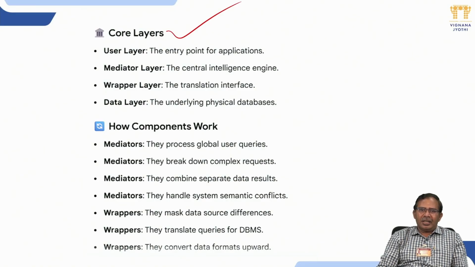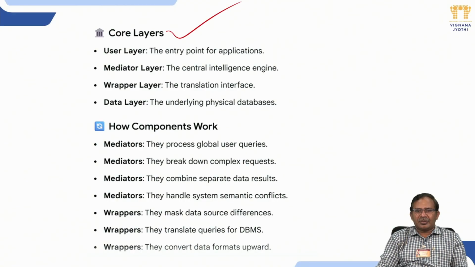The user layer is the entry point of the application from which they are requesting the data. The mediator layer is the central intelligence, which receives the request, forwards it, then receives the responses and submits the result to the end user.